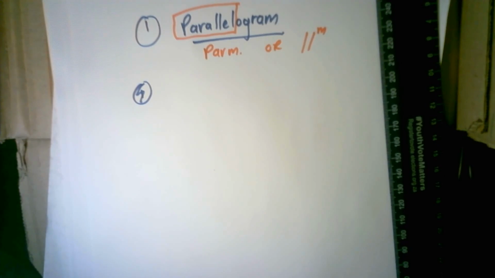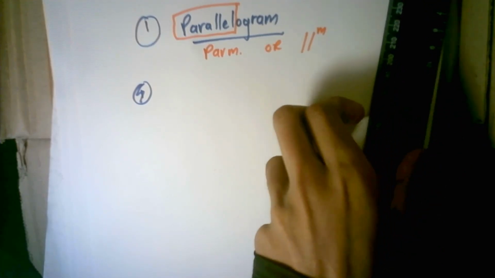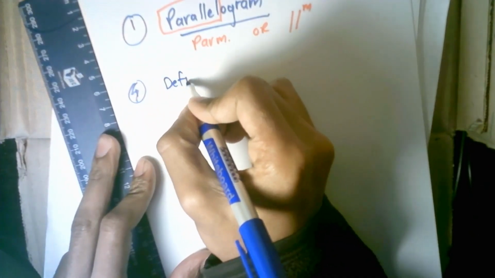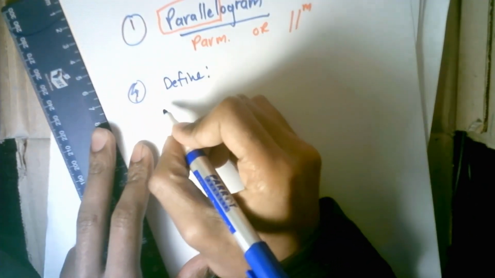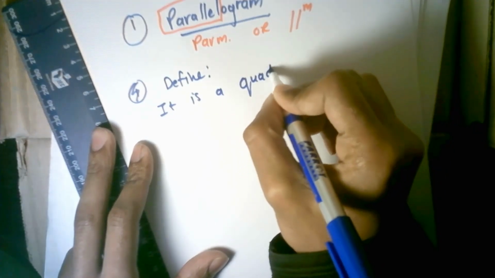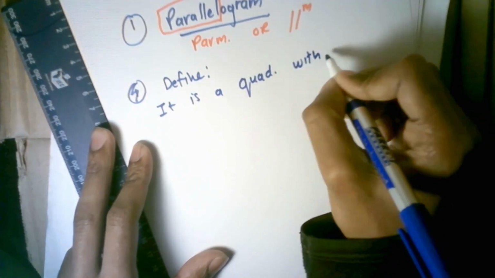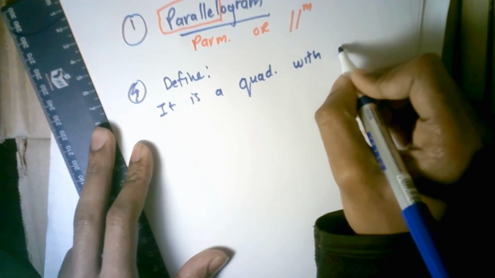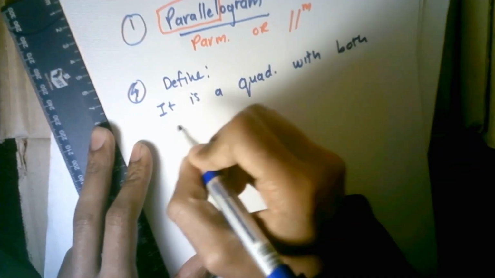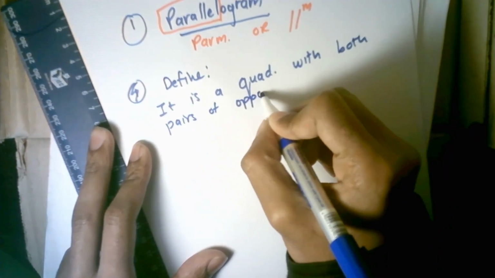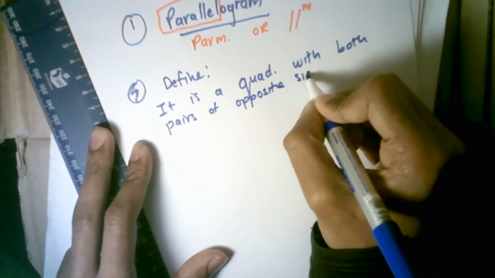So a parallelogram, let's look at the properties of a parallelogram. Let me give a formal definition. It is a quadrilateral, a quad with both pairs of opposite sides parallel.